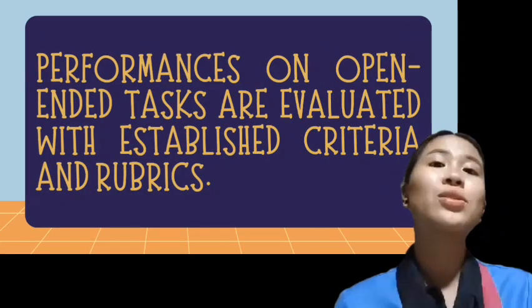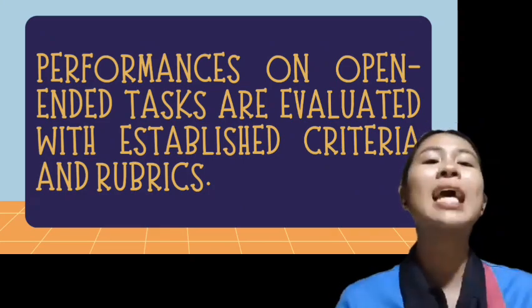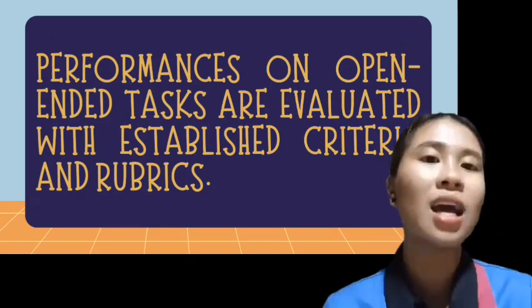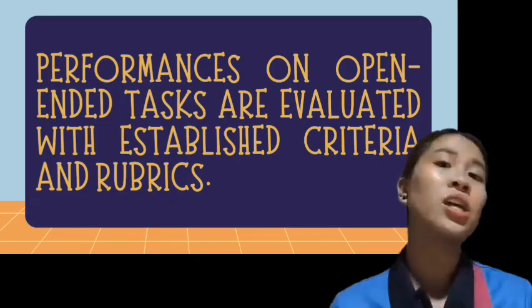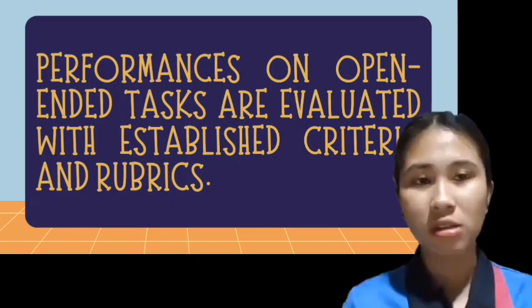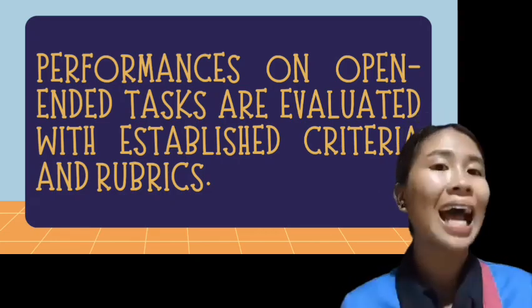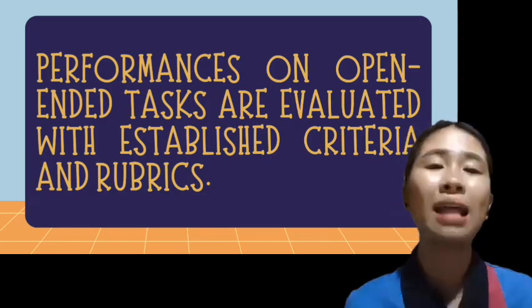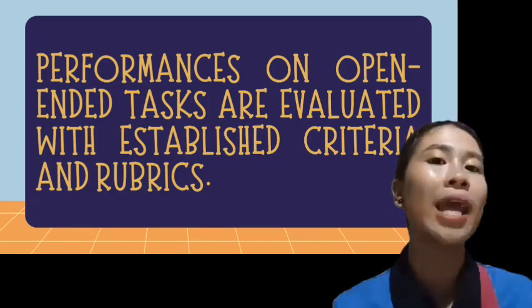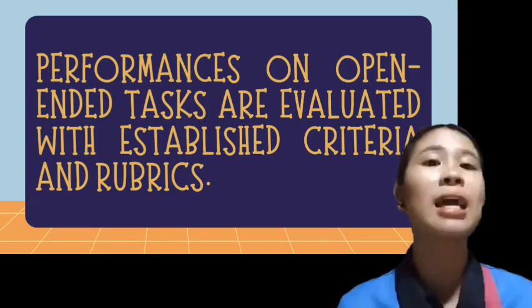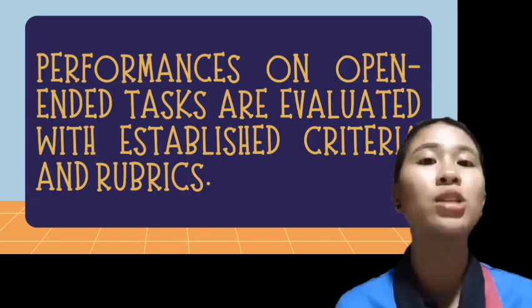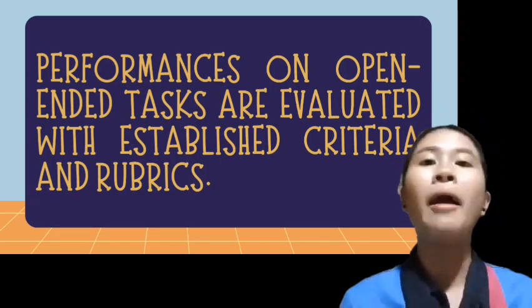The last characteristic is performances on open-ended tasks are evaluated with established criteria and rubrics. Since these tasks do not yield a single answer, student products and performances should be judged against appropriate criteria aligned to the goals being assessed.